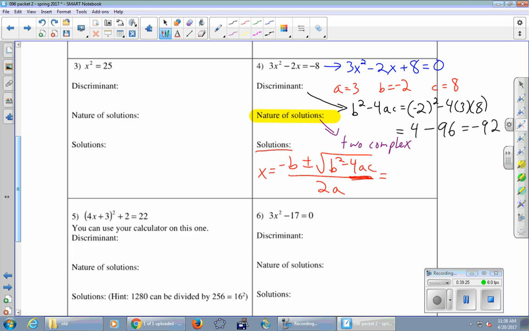Okay, so negative b becomes 2 plus or minus square root of. Now we've done all the work. Just put the single number final answer in that radical. What is it? It's negative 92. Don't do it again. B squared minus 4ac. It's negative 92 after all the calculations are done. Divided by 2a, how much is that? 6, right? 2 times 3.